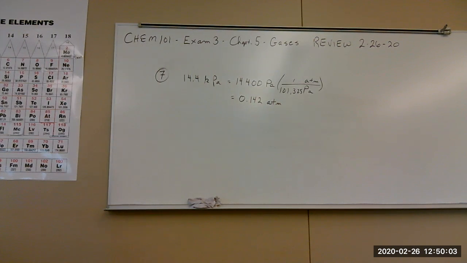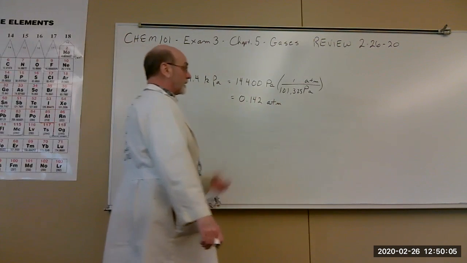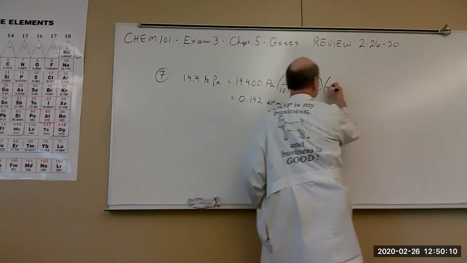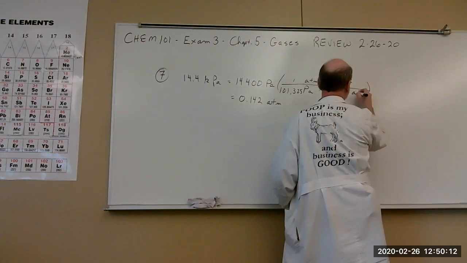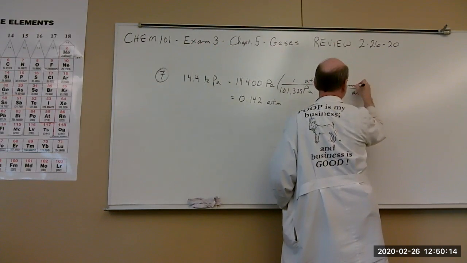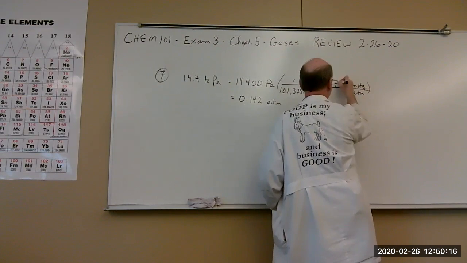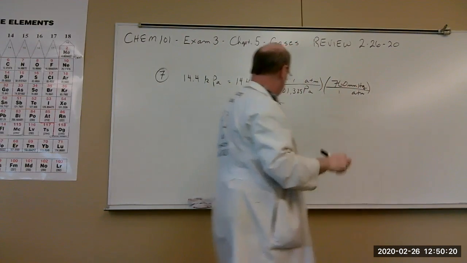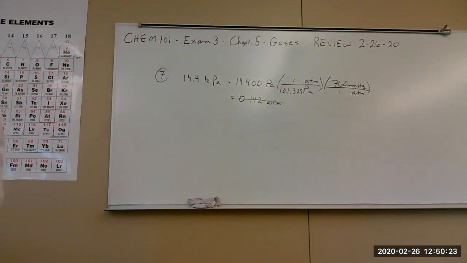Let's see, 7. Oh, millimeters of mercury. Okay, so we've only gone part of the way. Now we've got to get rid of the atmospheres. Now multiply that times 760.